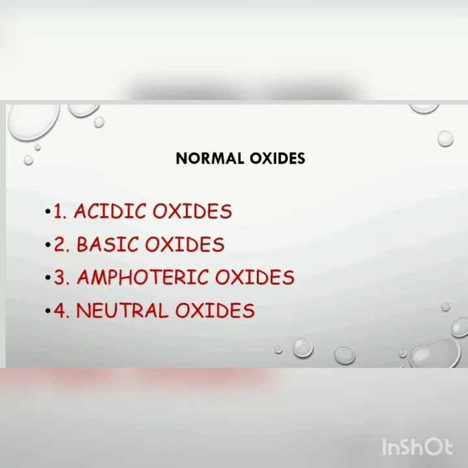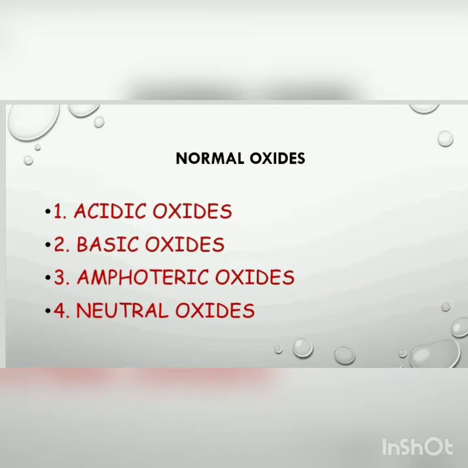We have 4 types of them. Number 1 is acidic oxides. Number 2 is basic oxides. Number 3 is amphoteric oxides. Number 4 is neutral oxides.